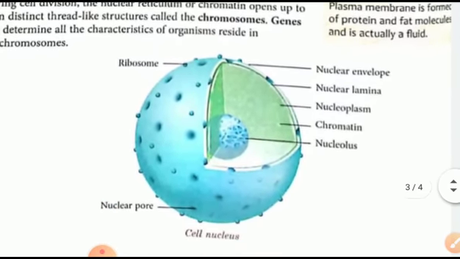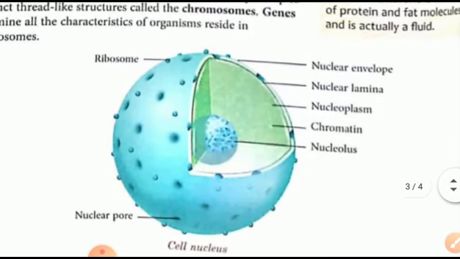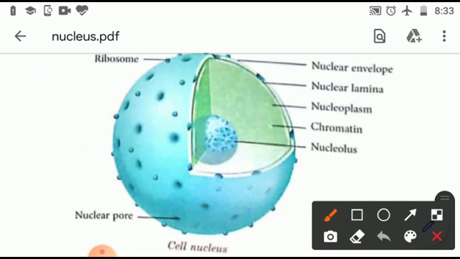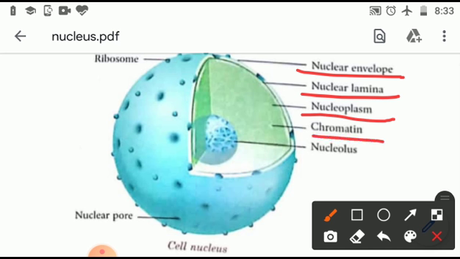Now come to the structure of the cell nucleus. The cell nucleus looks like this. The nucleus contains the double-membrane nuclear envelope or nuclear membrane. Inside we have the inner lining or nuclear lamina. Then inside the nucleus we have the nucleoplasm, the jelly-like substance. Inside the nucleoplasm we have the chromatin or nuclear reticulum.